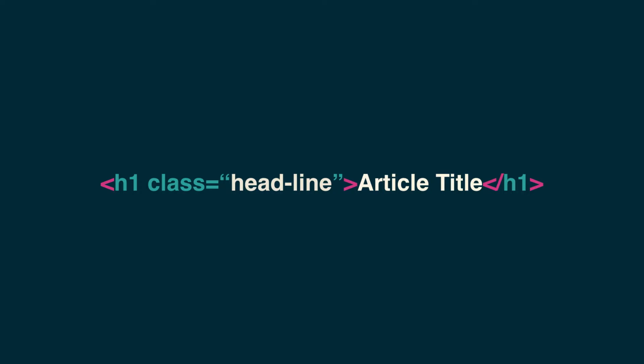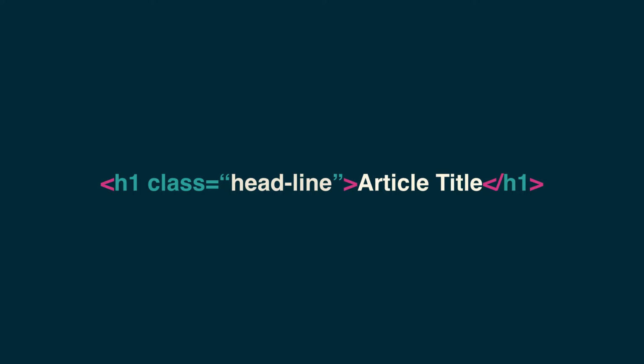Anyway, let's look at a different example of how a class would let us target something in CSS. Now we have an H1 element, a first level headline, and we have a class, and the class is head-line. HTML classes and CSS classes can have dashes and underscores.